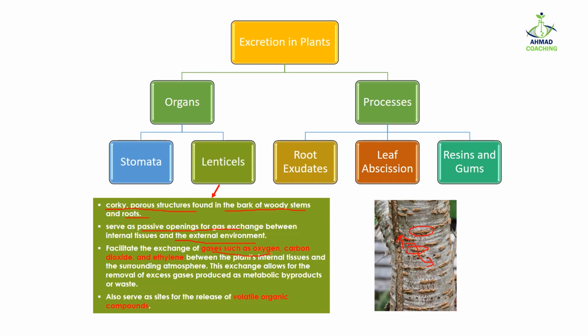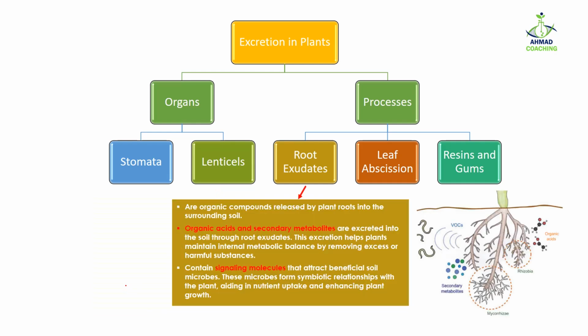For example, oxygen, carbon dioxide and ethylene gases are removed from the plant's internal tissues to the surrounding atmosphere. This exchange allows for the removal of excess gases which are produced during metabolism as byproducts. These lenticels are also involved in the removal of volatile organic compounds, which are also byproducts of metabolism.